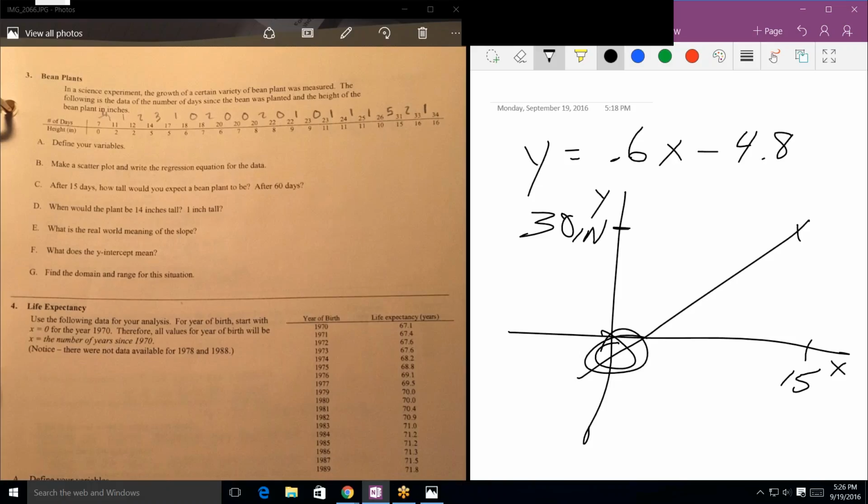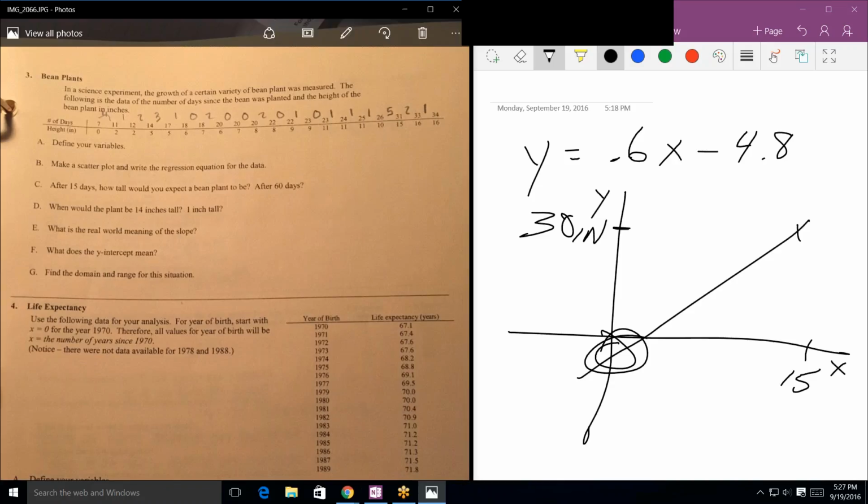So find the domain and range for this situation. Look up at the points rather than the curve. What's the domain? I said 7 comma 0 for the range. Not the range. What's the domain? I mean, domain is 7. Not 7, 7 to 34.